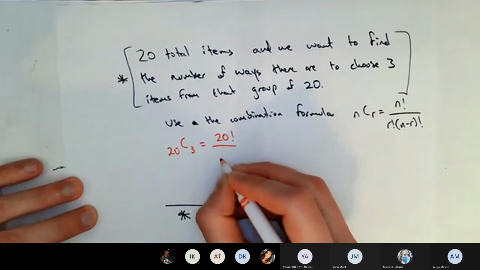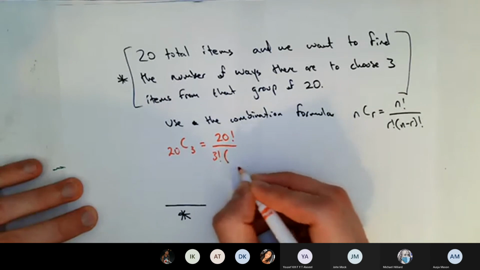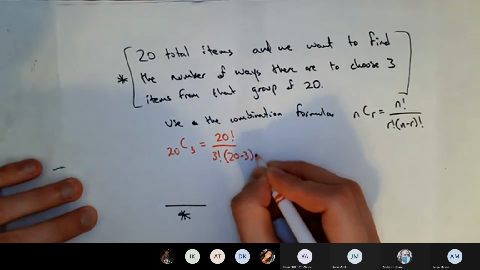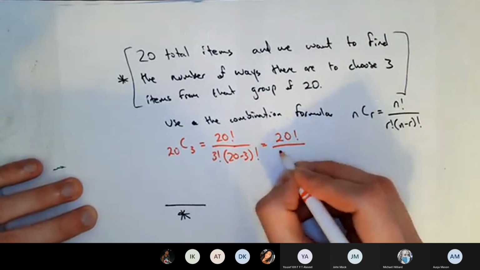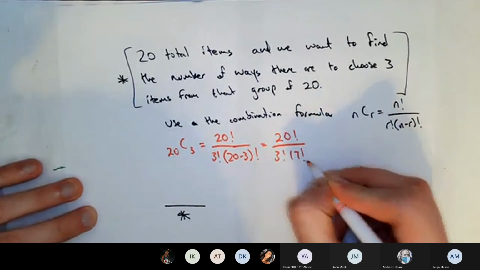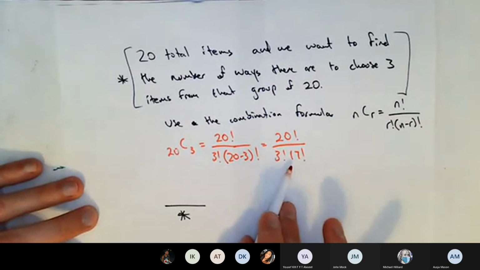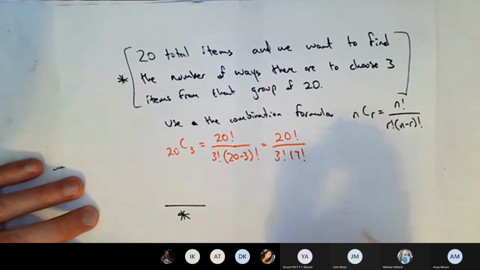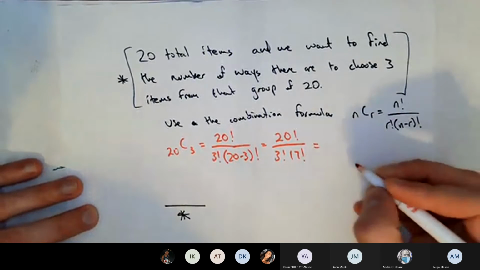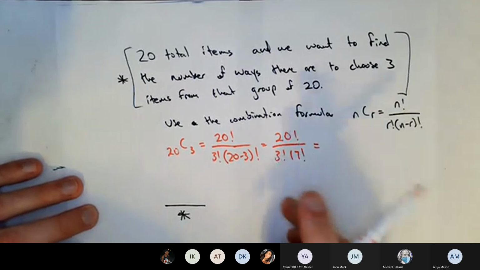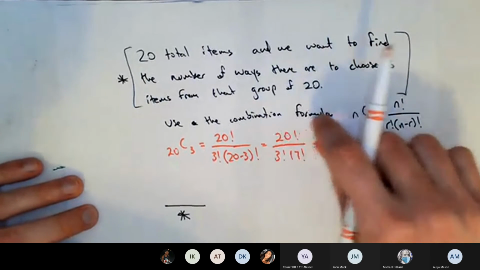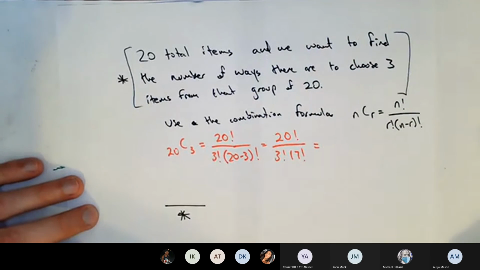So 20 factorial over 3 factorial times 20 minus 3 factorial. That's giving me 20 factorial over 3 factorial times 17 factorial. 20 minus 3 is 17. Then I recall this trick where I'm canceling. 20 factorial is all of the numbers less than 20 stuck together by multiplication: 20 times 19 times 18 times 17 times 16.